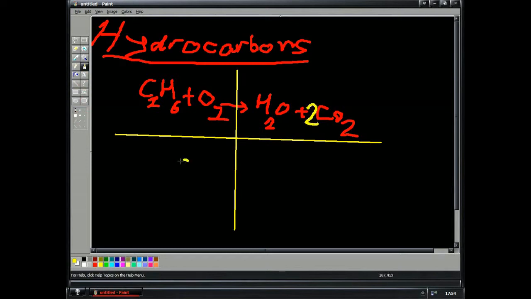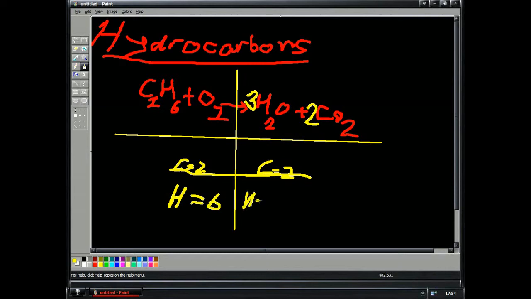Then the carbon is balanced, with 2 carbons on each side. Then for the number of hydrogen atoms, you halve that and put the number in front of the water, so that gives you 3, and the hydrogens are balanced.